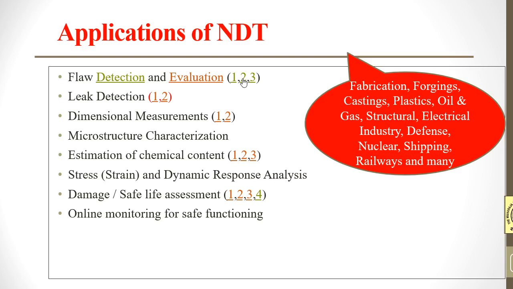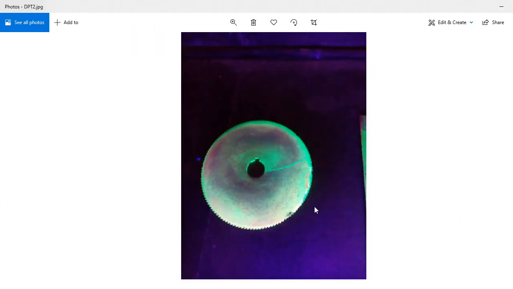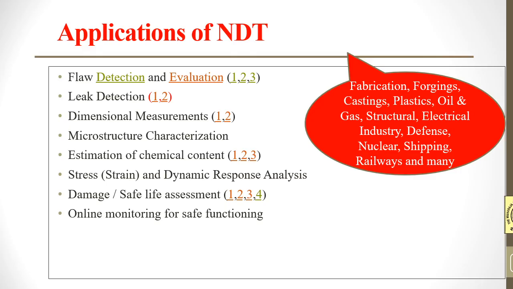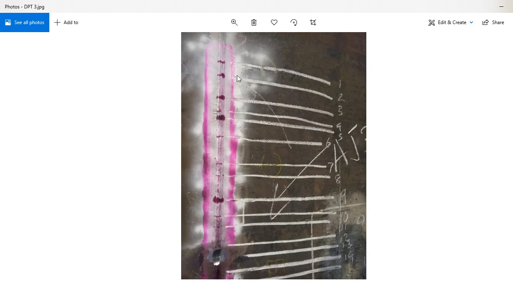This is also a result of dye penetrant testing, but it is in fluorescent condition, that is fluorescent dye penetrant testing. These are many defects in a welding component.